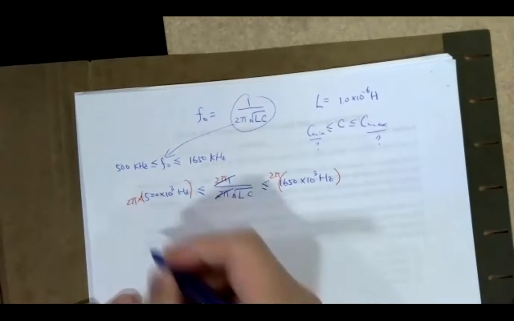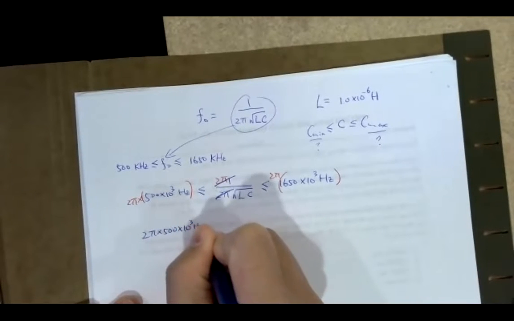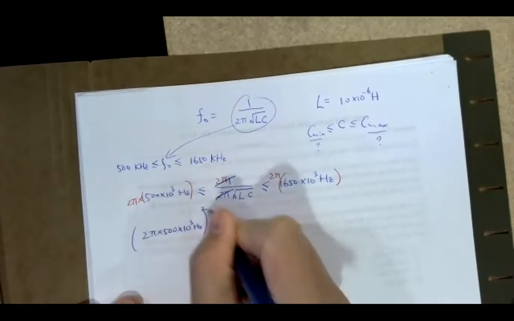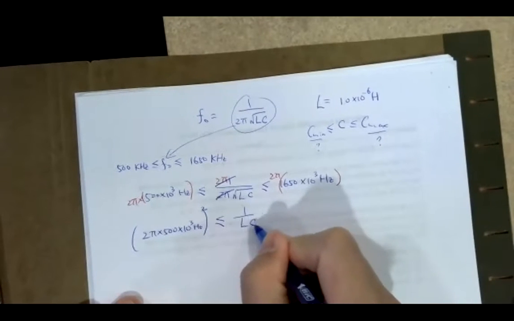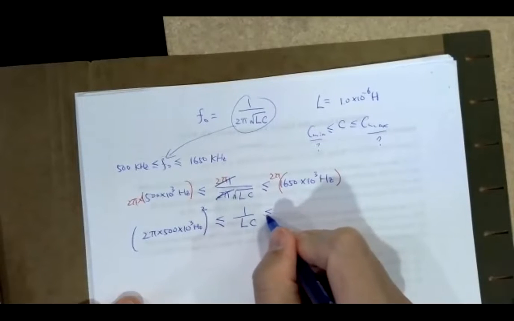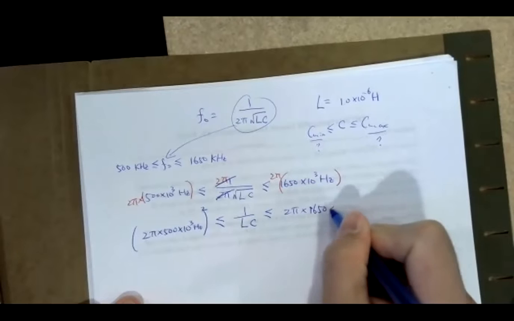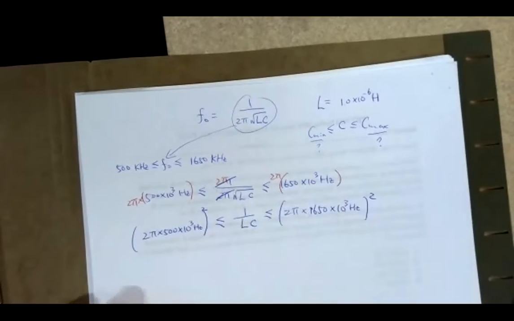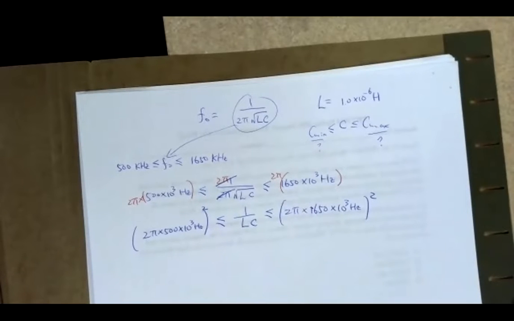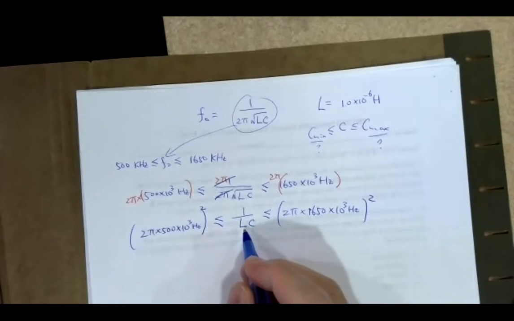So let's do this. 2 pi times 500 times 10 to the third hertz, you can square that one. It should be less or equal to 1 over LC. You get rid of your square root, less or equal to 2 pi times 1650 times 10 to the third hertz, squared. Okay, and then you can multiply everything by L because L is the known number.